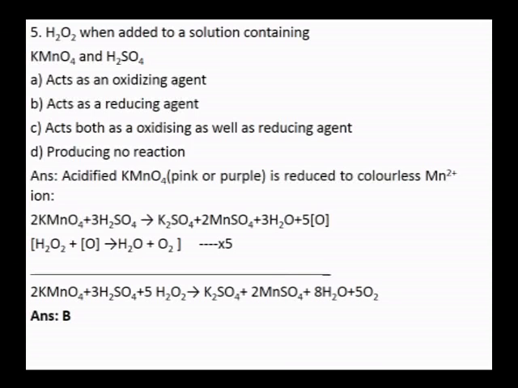Since acidified KMnO4 is a powerful oxidizing agent, H2O2 will undergo oxidation by reacting with oxygen produced from KMnO4, forming H2O and O2. Since it undergoes oxidation, in the reaction H2O2 is considered as a reducing agent, and hence the correct option is option B.